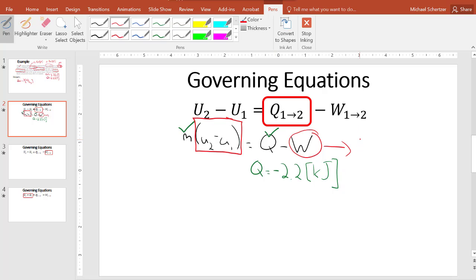And we know from the lectures that the integral from v1 to v2 of p dv is going to be equal to the work. Does anyone have questions about how we're setting the problem up?